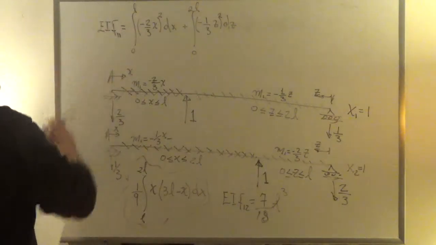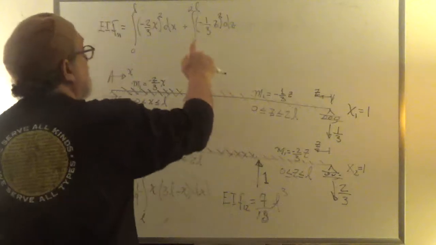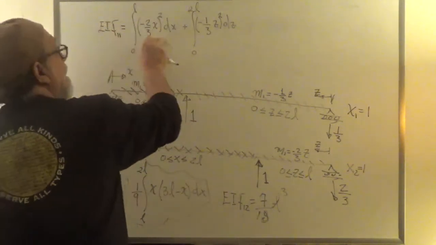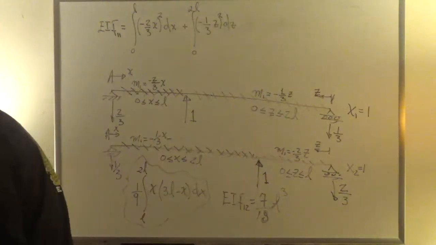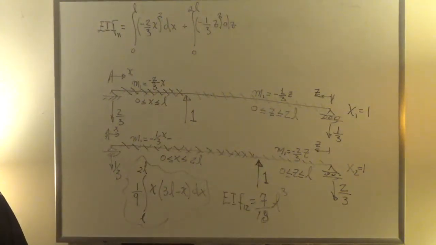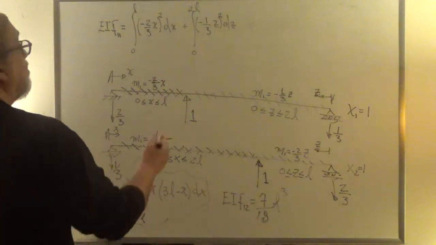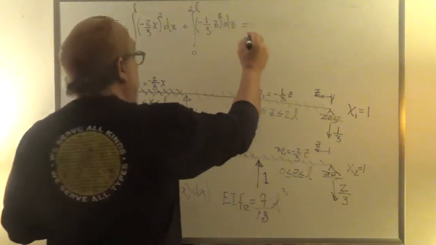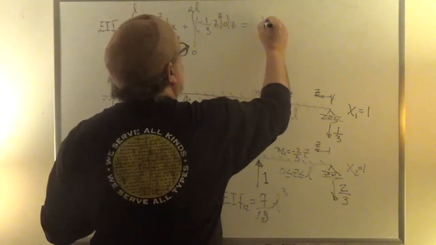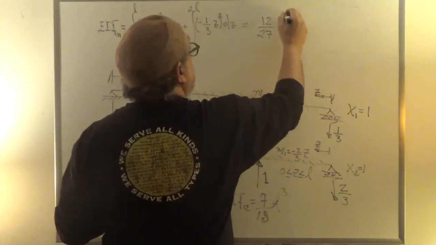With the EI here, because the EI was constant. Of course, if the EI was not constant, I could not just put the EI here, right? I'd have to put it where it belongs, in the denominator. But with that in mind, if you do it, I don't think it's worth wasting time with that, it turns out to be 12/27 of L cubed.